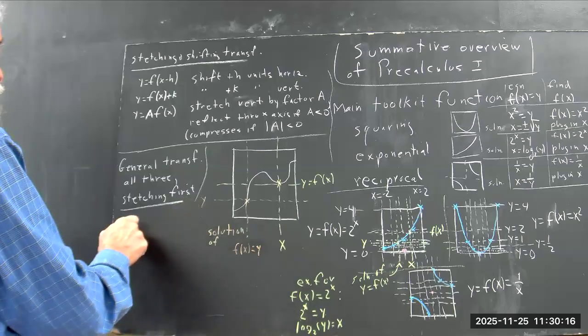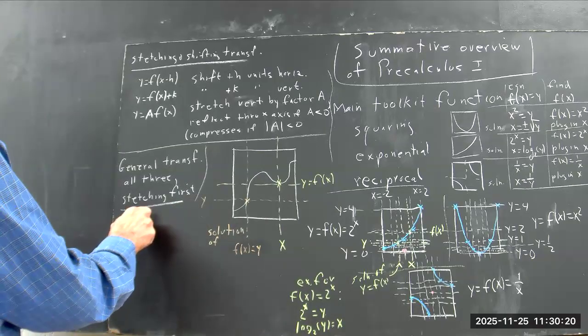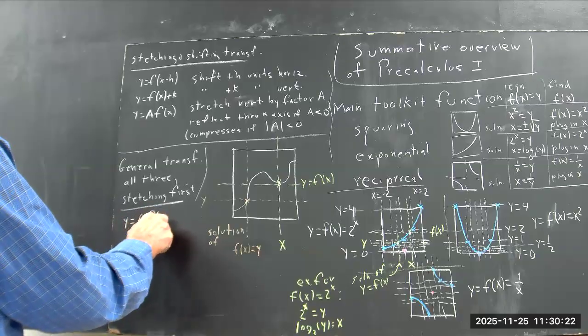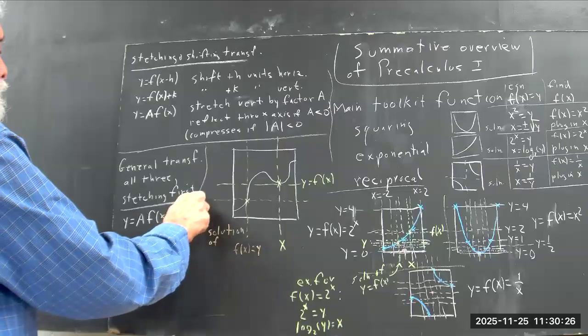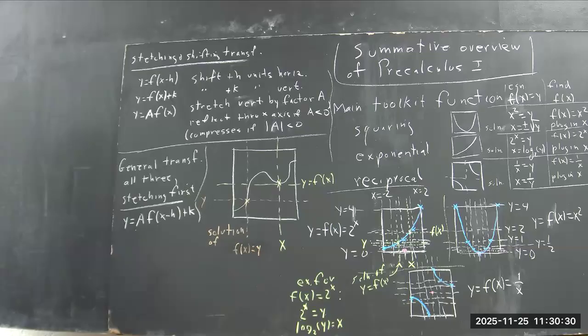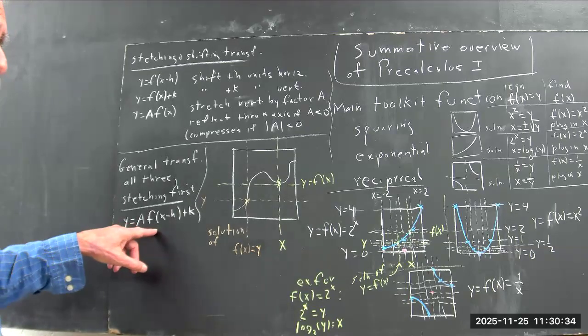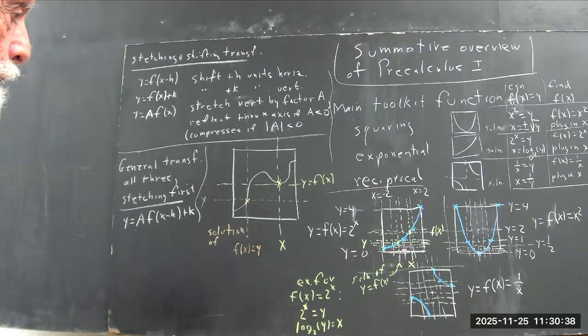First, and that gives y equals a f of x minus h plus k. And we want to look at these functions. Now, one more detail.